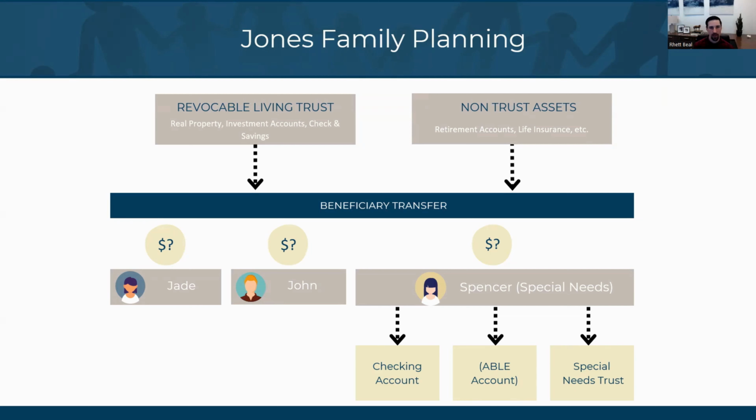We can't afford to take the risk for it not to go right. And we need to make sure that our loved ones are cared for, provided for long after we're gone. And that's where ABLE accounts and special needs trusts can be a valuable tool and resource and a storage vehicle for you.